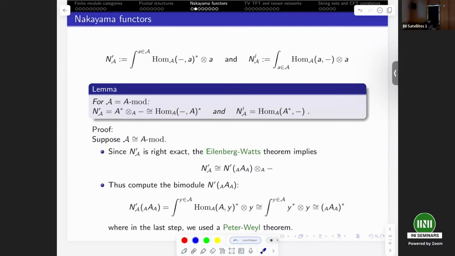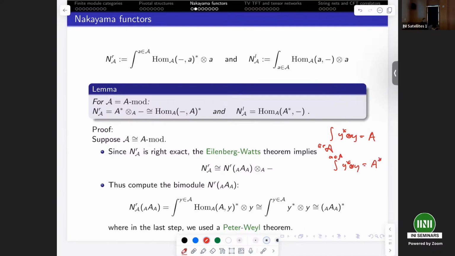So the Peter-Weyl theorem is generalized in the sense that if you take the end of Y dual tensor Y, this is the regular bimodule, and if you take the co-end, this is the dual.